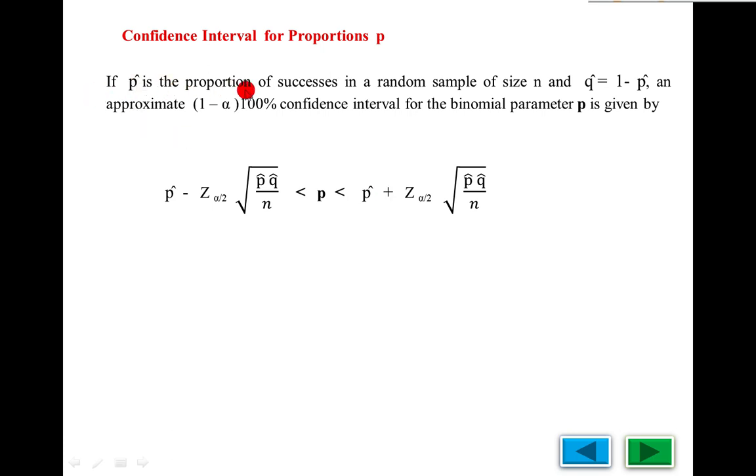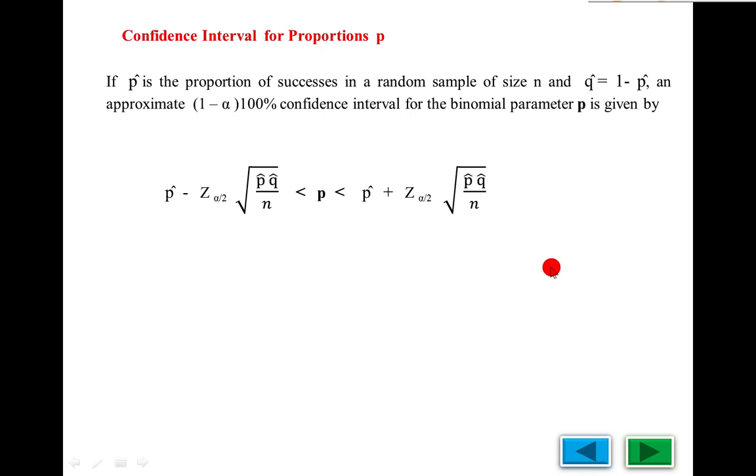So if P cap is the proportion of successes in a random sample of size n, and Q cap is 1 minus P cap, an approximate 1 minus alpha times 100% confidence interval for the binomial parameter P is given by this. We will estimate the lower and upper value. The objective is the same as for the mean and standard deviation. We find the lower and upper acceptable value.